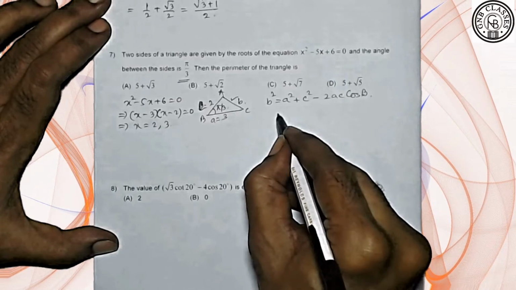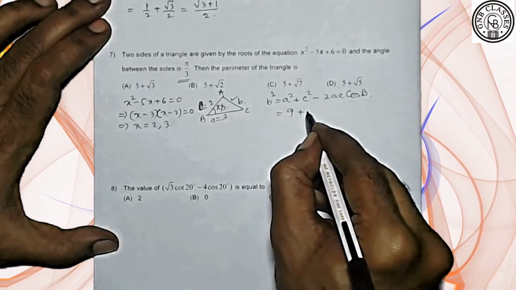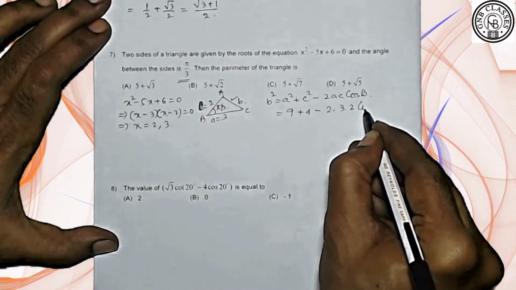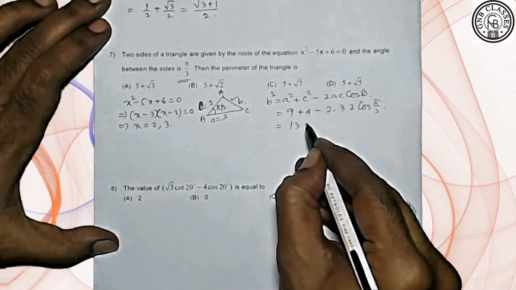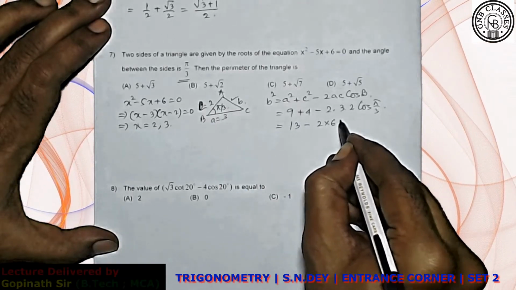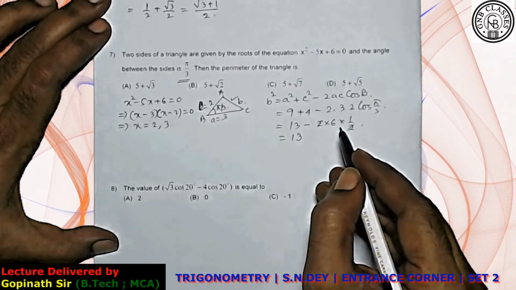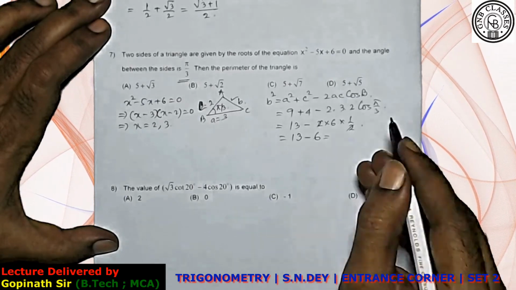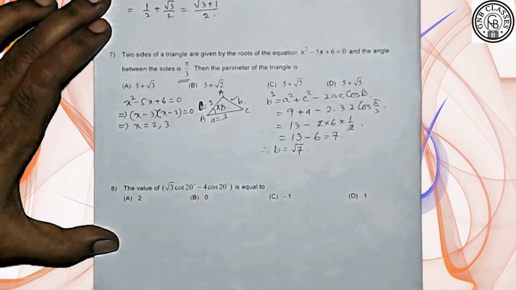So here we are getting 9 plus 4 minus 2 into 3 into 2 into cos of pi by 3, that is cos 60 degree, which is half. So it is 13 minus 6. That gives you 7. Therefore, b is under root 7.